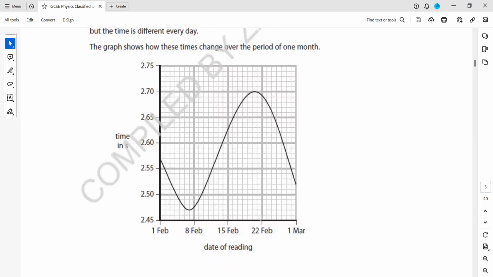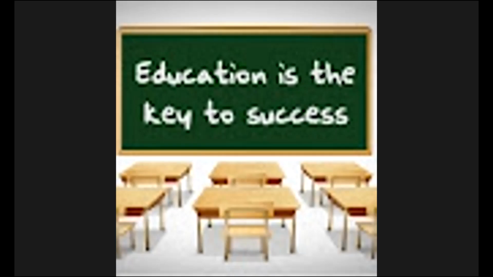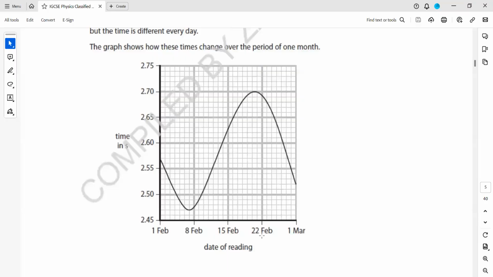Say on the 8th of February, it took about 2.47 seconds. So different days, different time intervals, different times it takes.